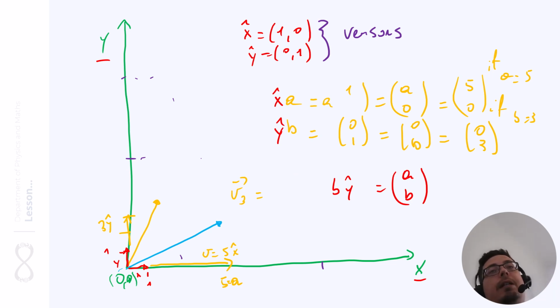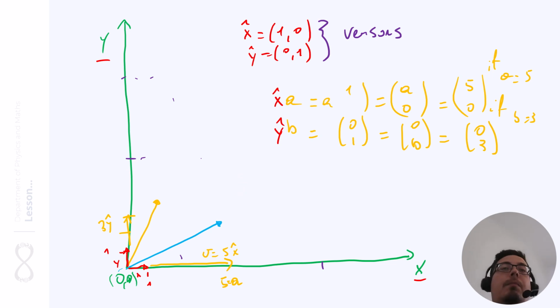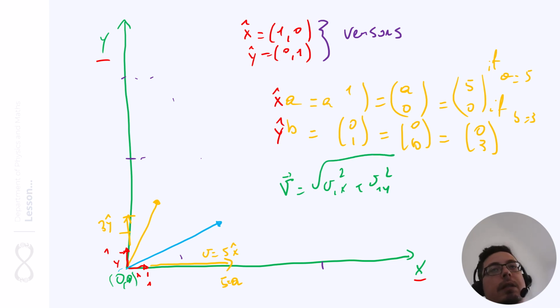But how do we find the components of a vector then? We have a vector V, and the length of the vector is the square root of v1x square plus v1y square. This is the length of the vector, the modulus, which is the Pythagorean theorem, for example for your vector p.